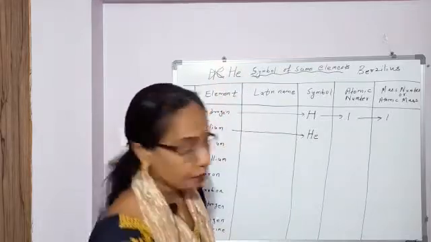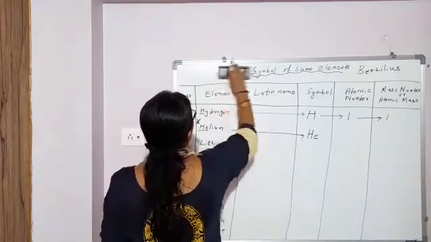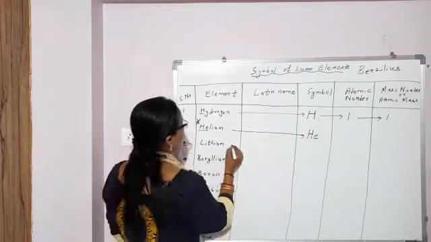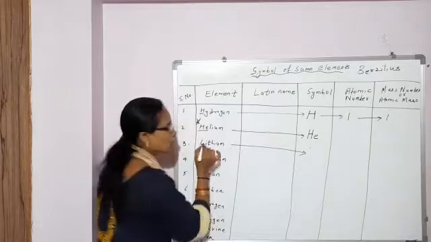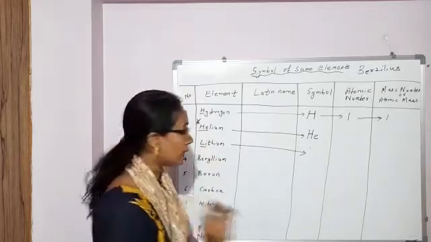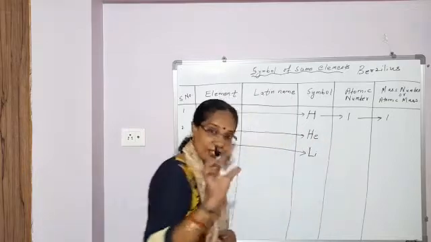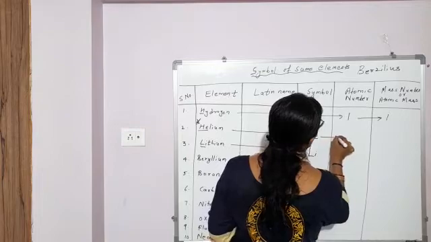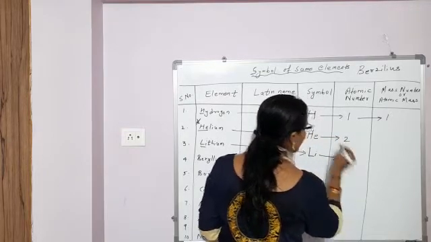Okay. Next, lithium. Again, the first two letters are used for writing the symbol of lithium. Capital L, small i. Size should be small. And helium atomic number is 2. Lithium atomic number is 3.